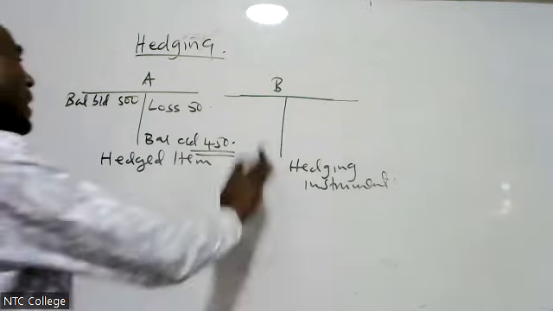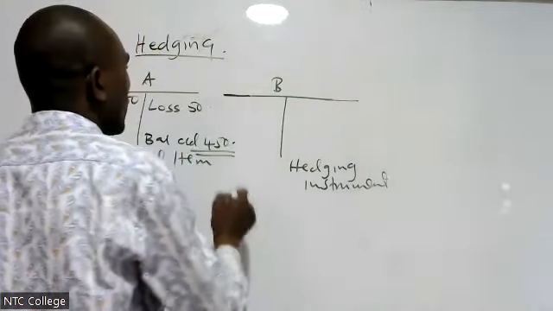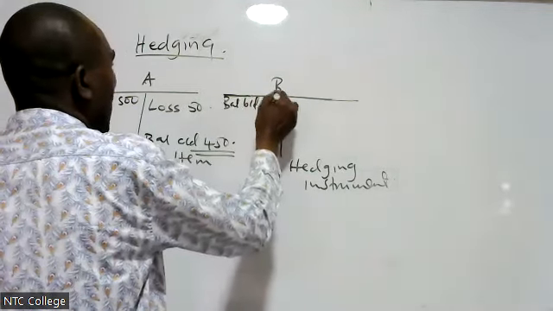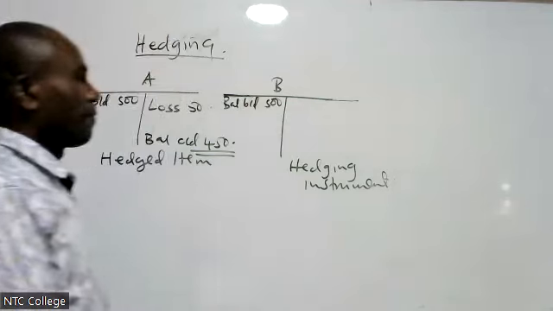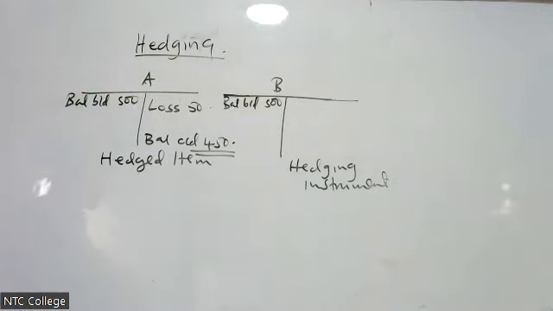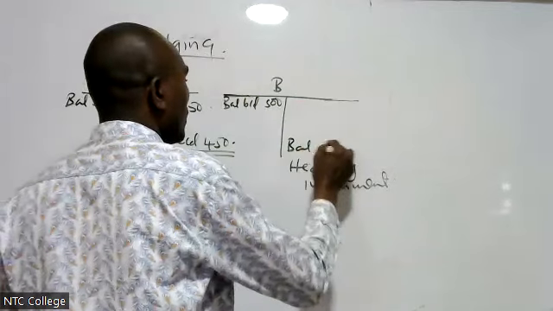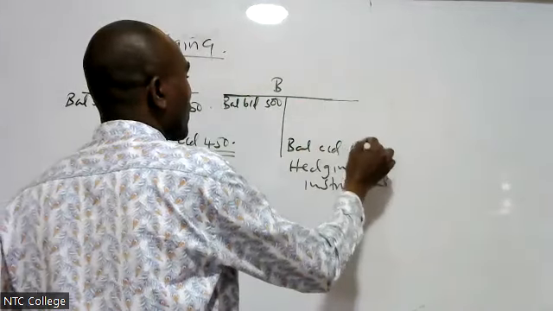Now, when I come to my investment B, balance brought down, still I put 500. I just want to show you how to account for the hedging instrument, the hedging profit. Balance carried down, let me say it is 570.